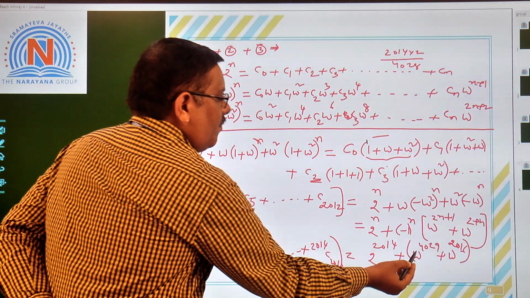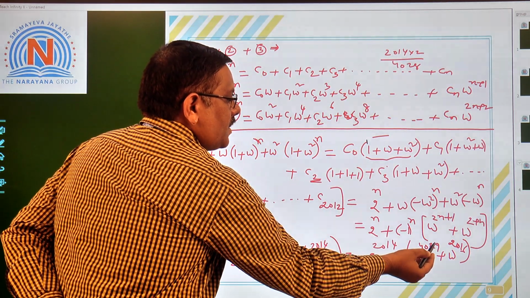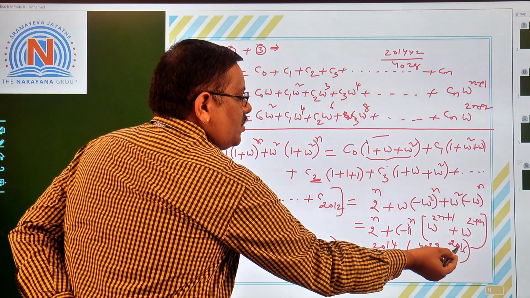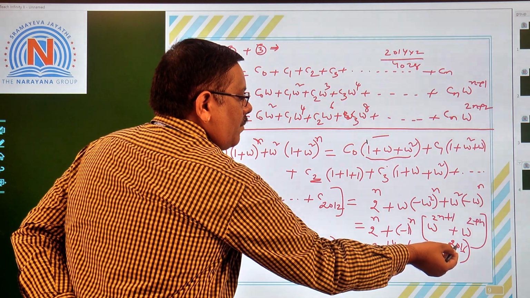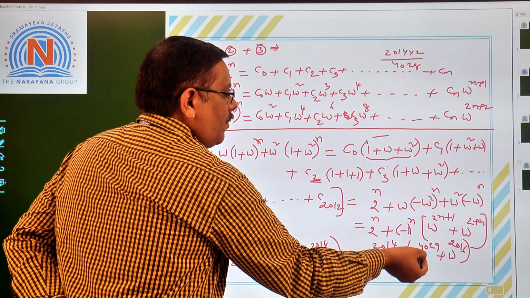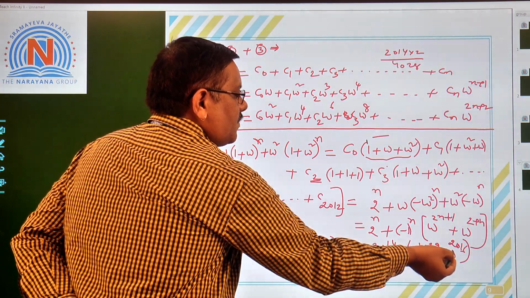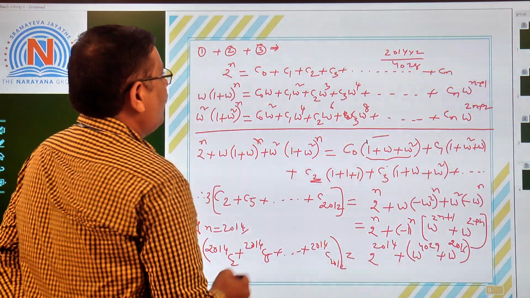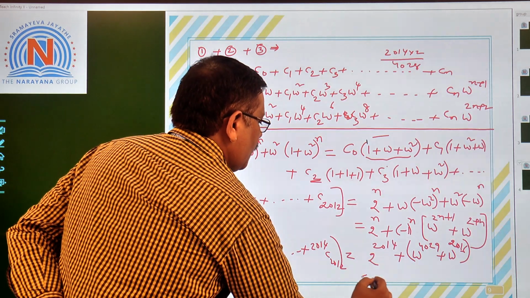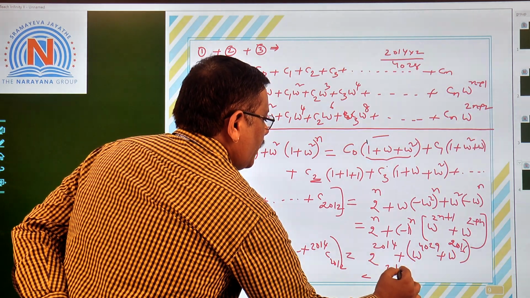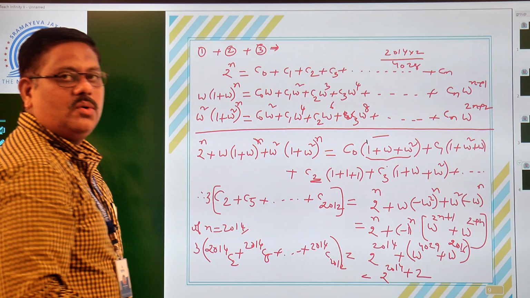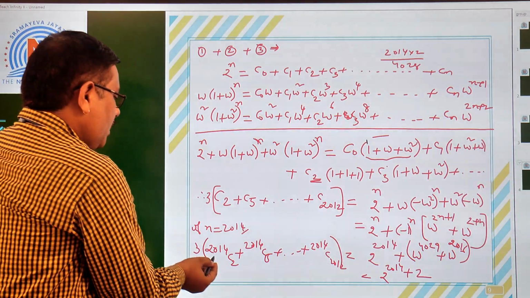If you look at 4029: 4 plus 2 plus 9, 15, it is a multiple of 3. 2016 is a multiple of 3. So omega power multiple of 3 is 1. Omega power multiple of 3 is 1. So it is 1 plus 1, 2. So this entire value is nothing but 2 power 2014 plus 2.